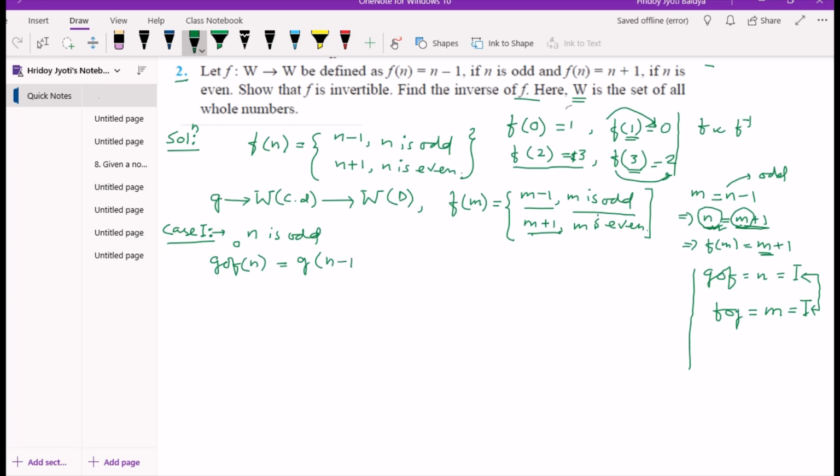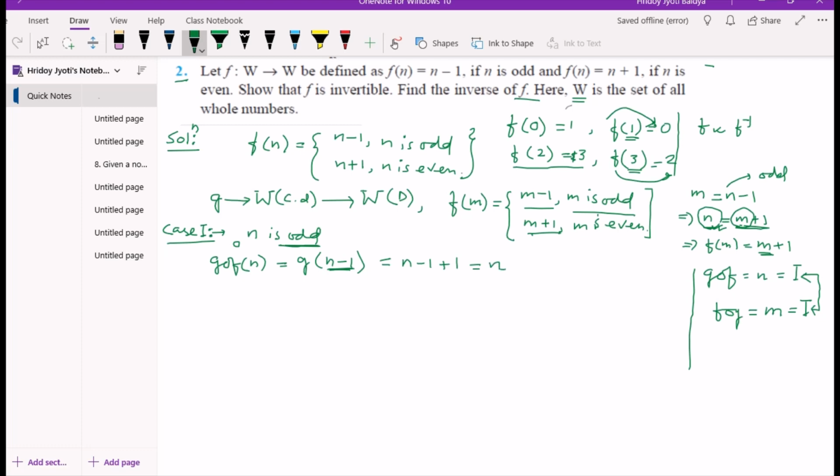Here n is odd, so n minus 1 becomes even. And z of an even number is m plus 1, so this gives n minus 1 plus 1, which becomes n.